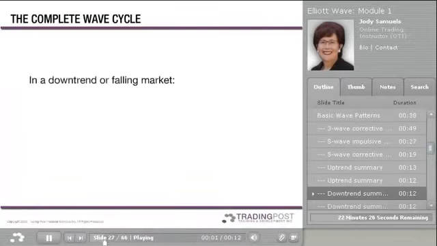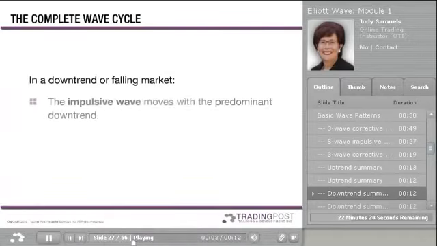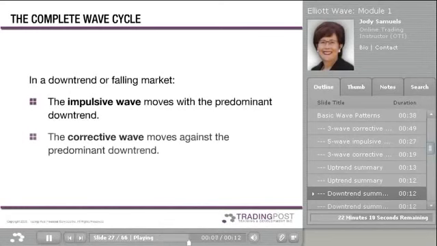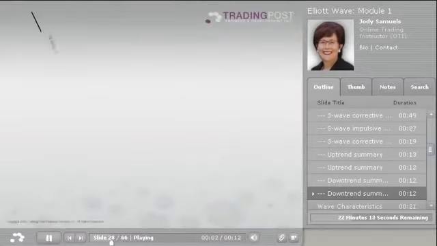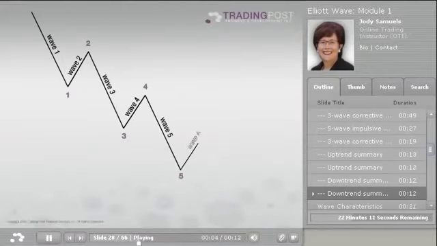In a downtrend or falling market, the impulsive wave moves with the predominant downtrend. The corrective waves move against the predominant downtrend. Again, we illustrate how the full sequence works equally in a falling market as it does in a rising one.